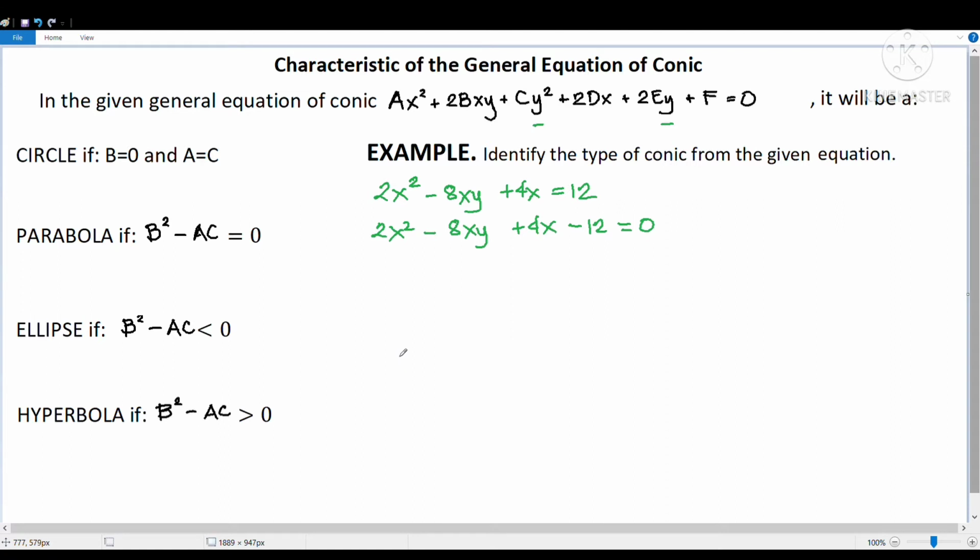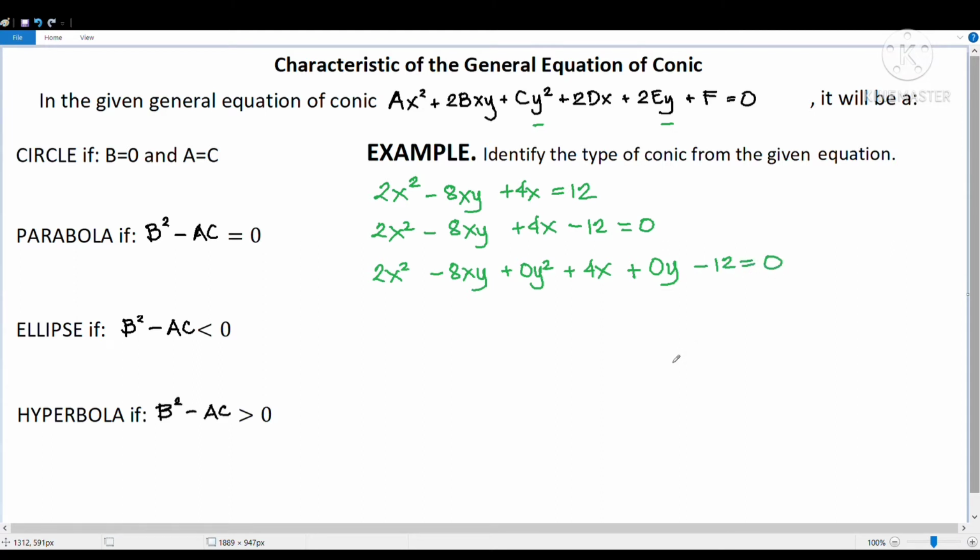So we will be using 0 as the numerical coefficient of all the missing terms, y squared and y. It will become 2x squared minus 8xy plus 0y squared, which is the missing term, plus 4x plus another missing term, which is 0y, minus 12 equal to 0.